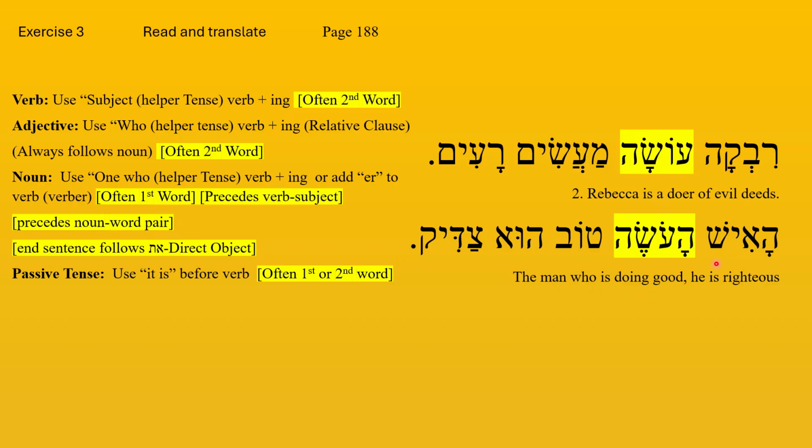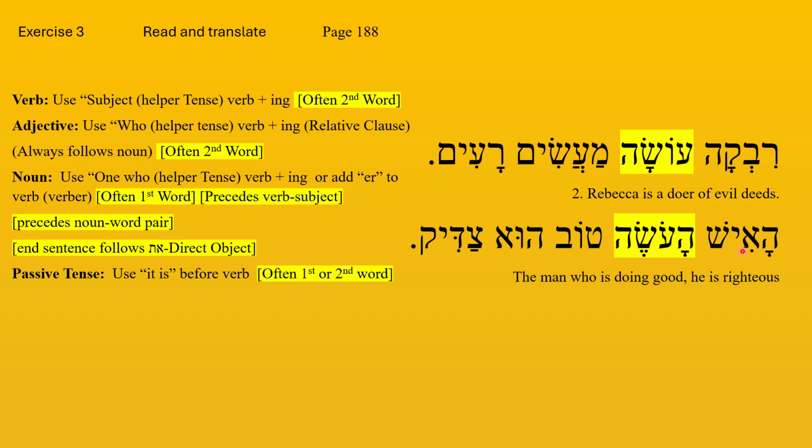Next, Ha'ish ha'oseh tov hu tzadik. All right, the man, noun, first position, subject. Okay. Now, here's the question, and this is another one that threw the live class. So this kind of looks like it could be the verb, doesn't it?